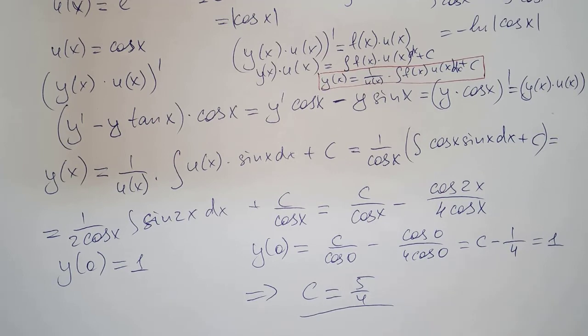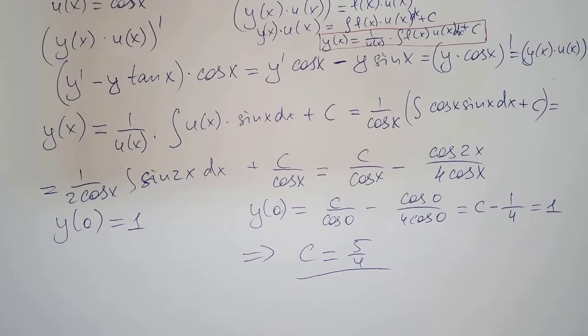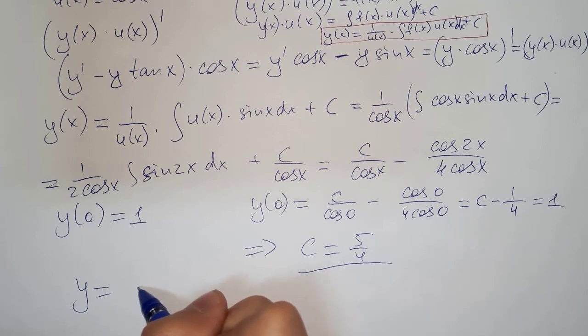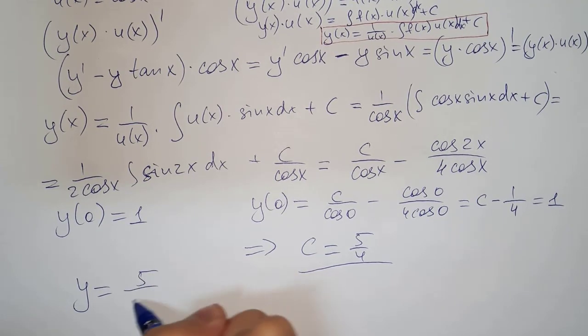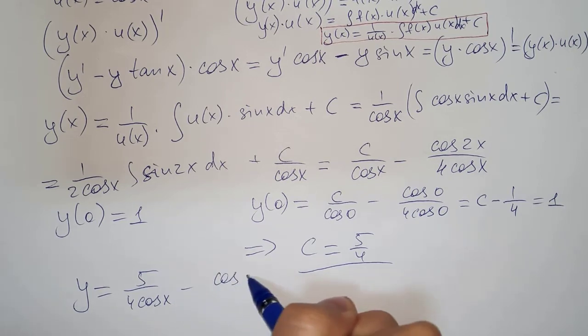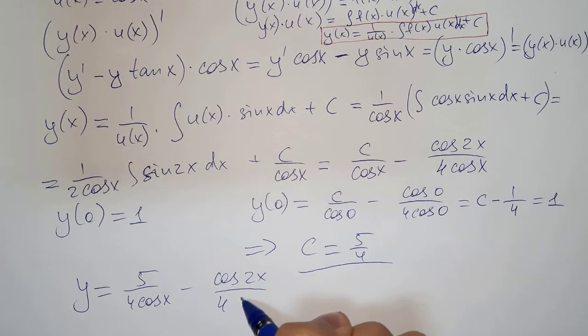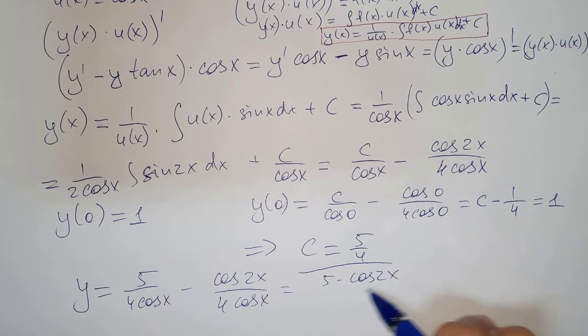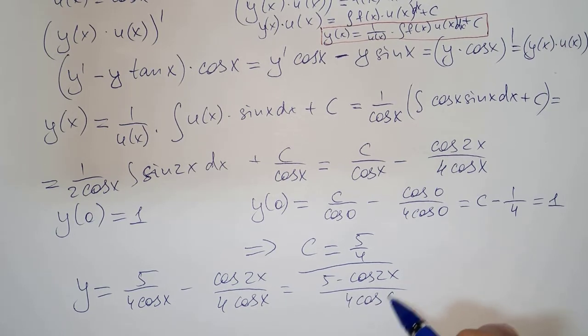So we found our c, and now the solution of the initial value problem is y equals 5 over 4 cosine x minus cosine 2x over 4 cosine x, or just 5 minus cosine 2x over 4 cosine x. This is the solution of our initial value problem.